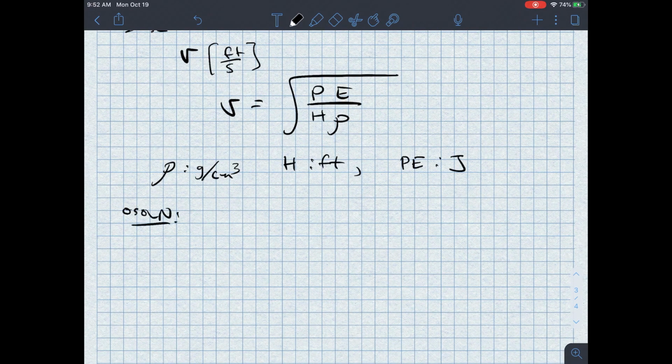So to check this, let's look at what's inside of that square root. I've got joules over feet times grams per centimeter cubed. Well, I know a joule is a newton meter from my handout. And then I've got feet times grams per centimeter cubed.